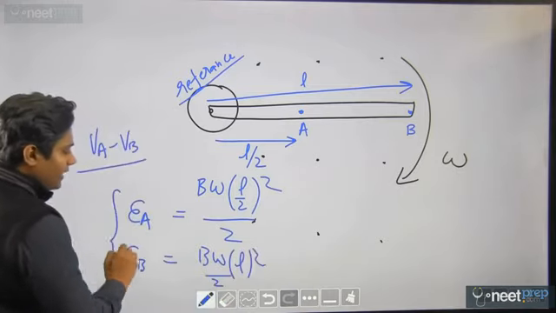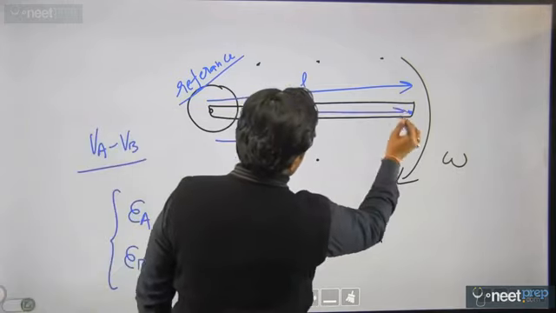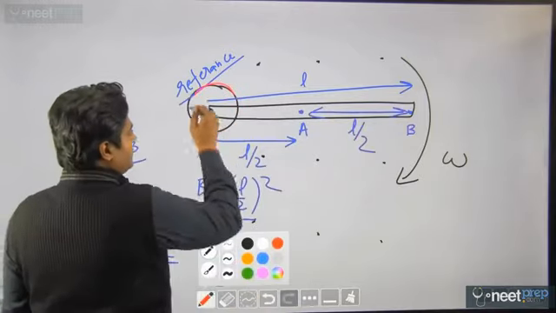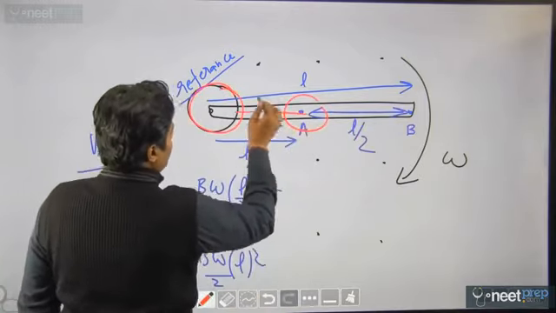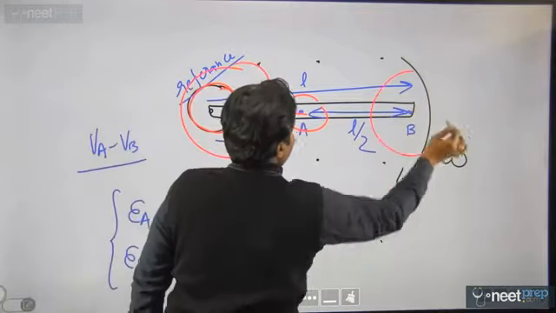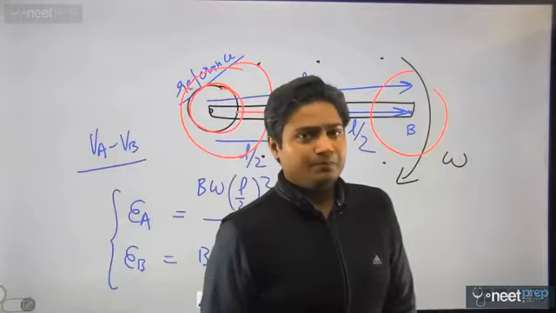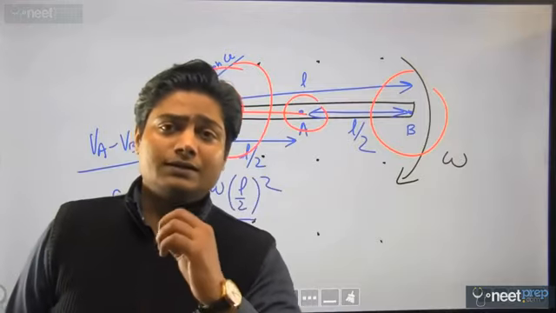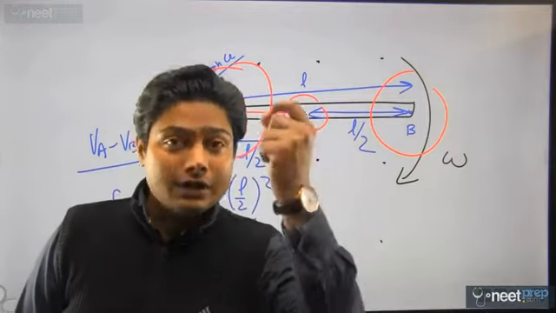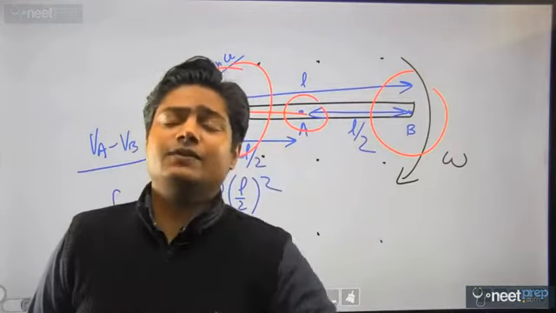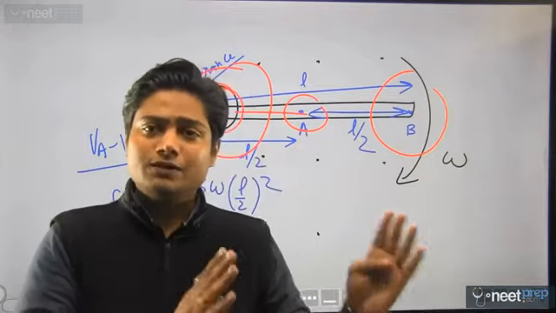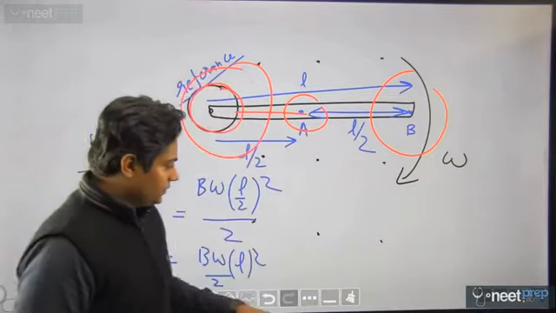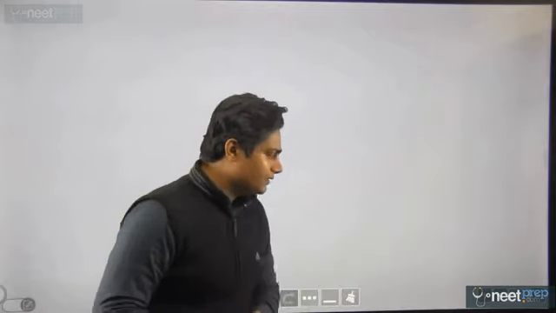So don't just take the distance directly as L by 2, because the formula is applicable between the center and the end point, not between any two points. The r in the formula B omega L square by 2 is the distance between the center and the end point. So you have to take the center as a reference, calculate the EMF of each point independently, and then take the difference. So this is the understanding of motional EMF.